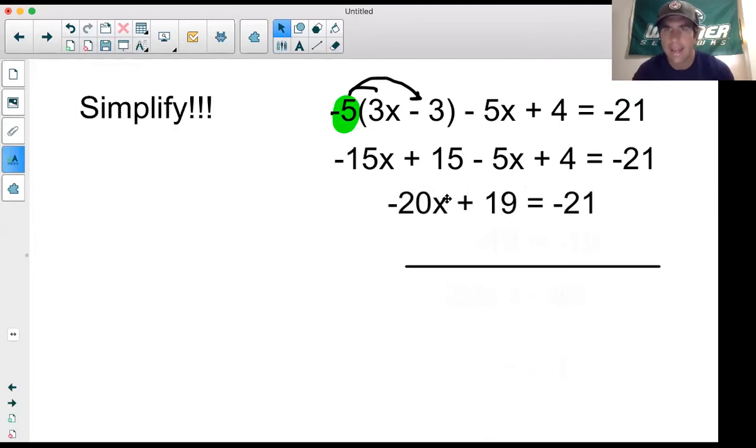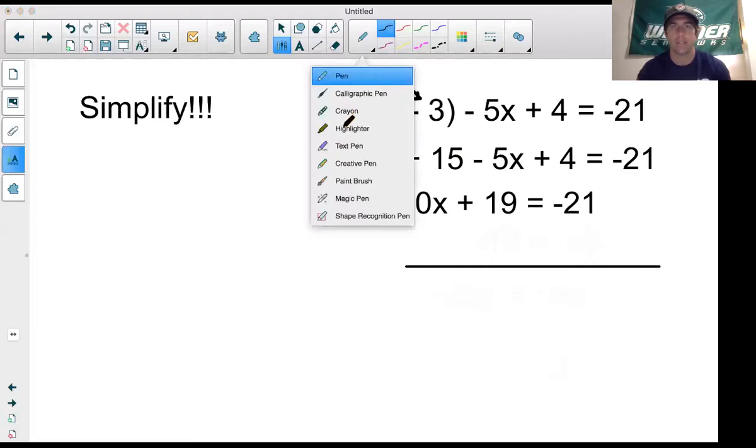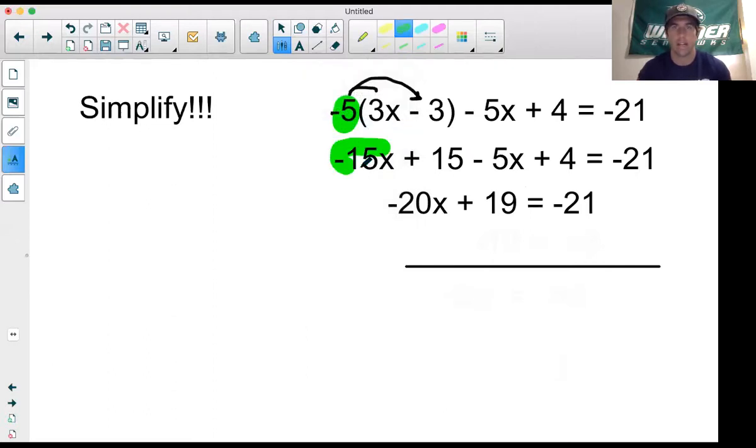Now, how did I get -20x plus 19 equals 21? Well, you can still simplify. What do you see here, guys? An x and x. But remember, you don't take this positive, it's always in front. It's attached to this.